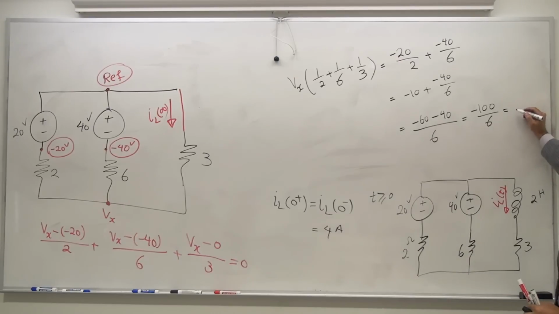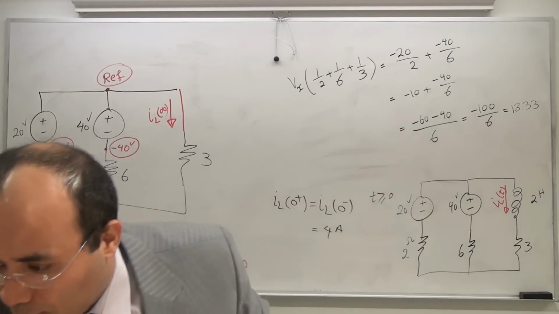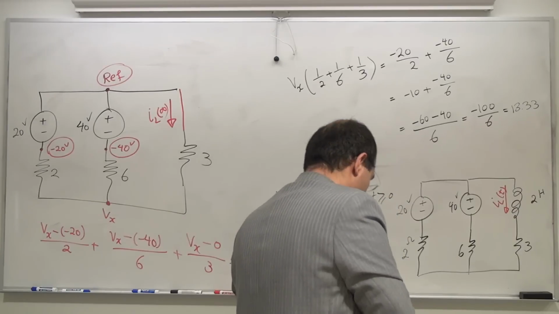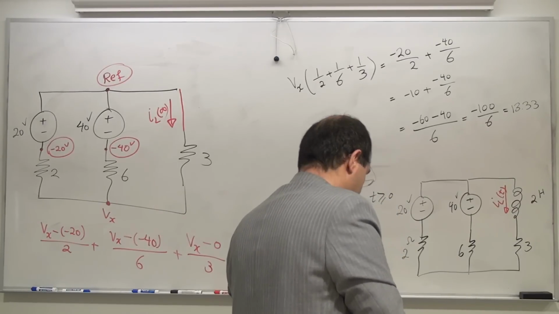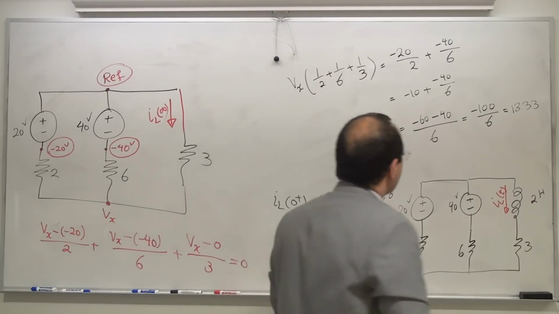I think it's going to be 16.66. Do you have a calculator? I'm going to divide that, please. So it's going to be 100 divided by 6, 16.66.